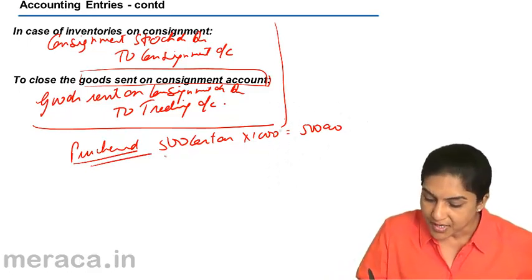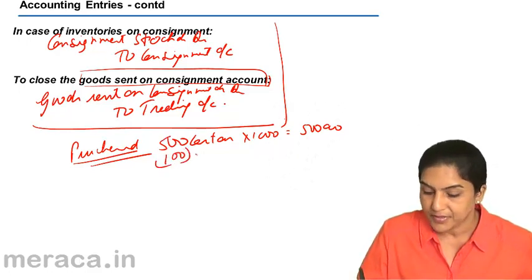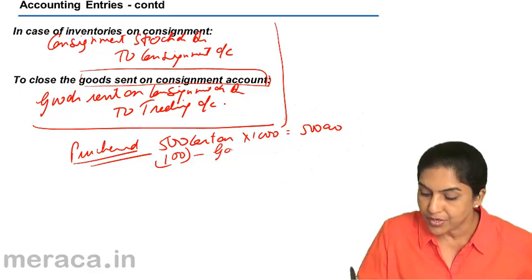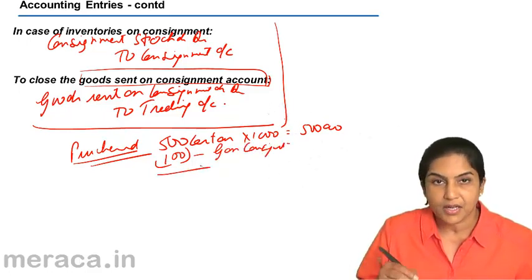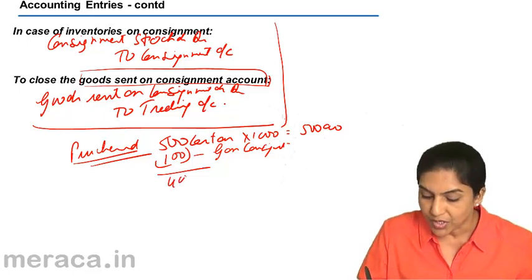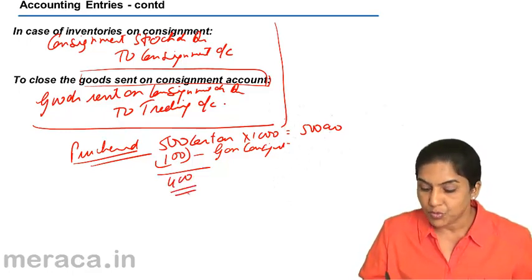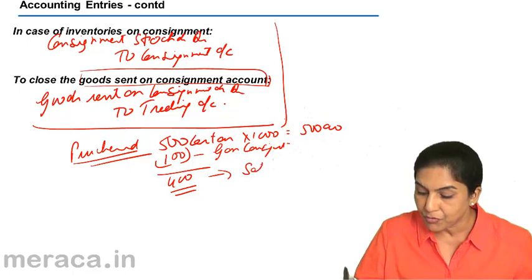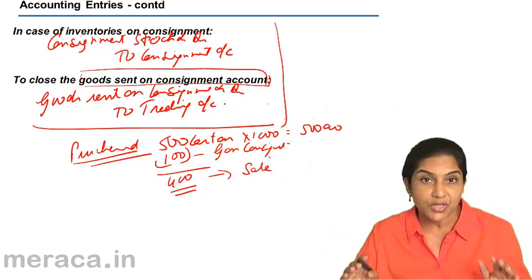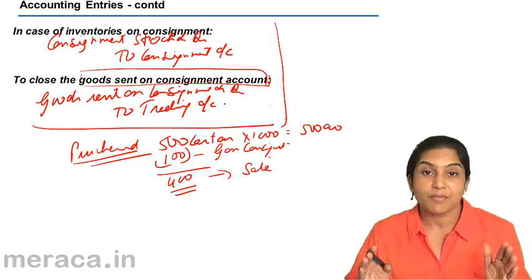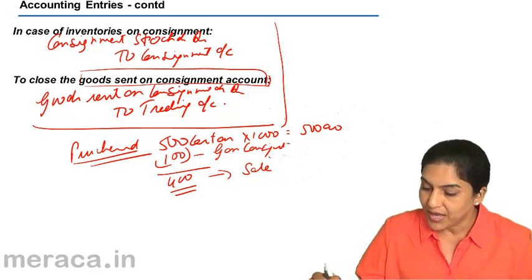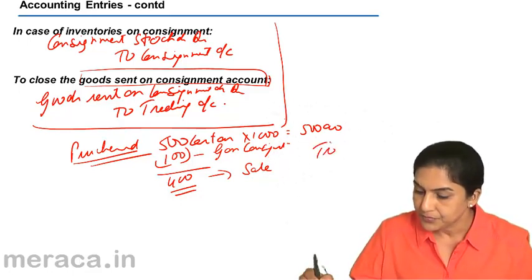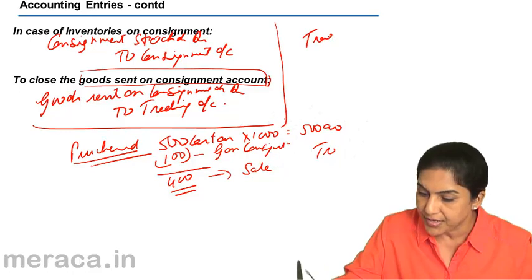But out of this 500, 100 cartons is gone as goods on consignment. So now what is available for Mukta to sell? Only 400 cartons. Mukta will sell only 400. In Mukta's books, when she makes a trading account, she will have now, make it here, trading account, right?